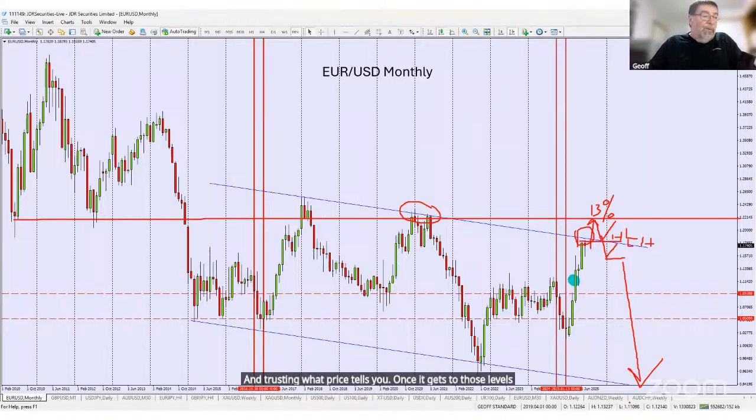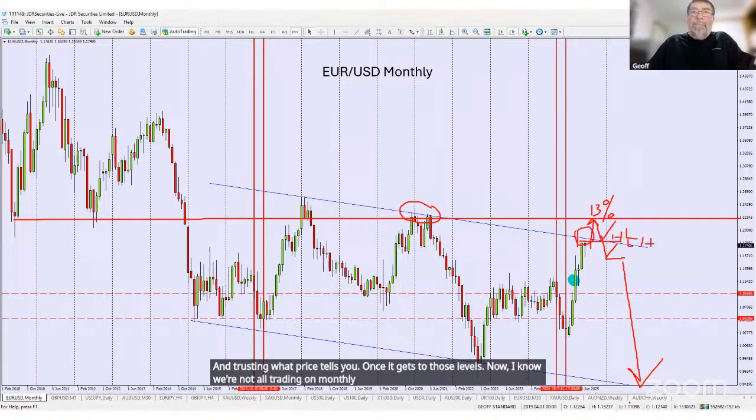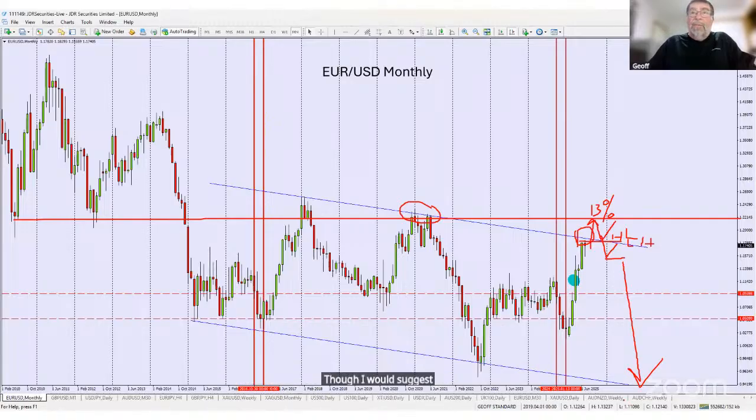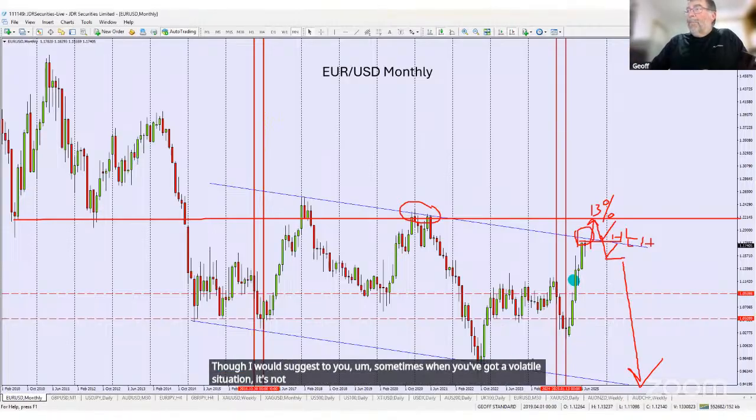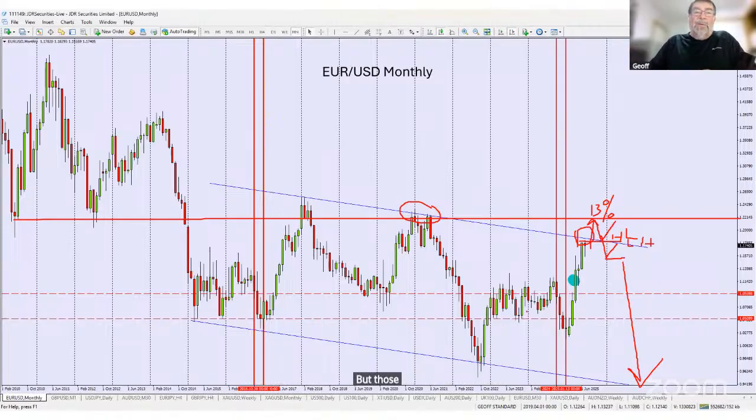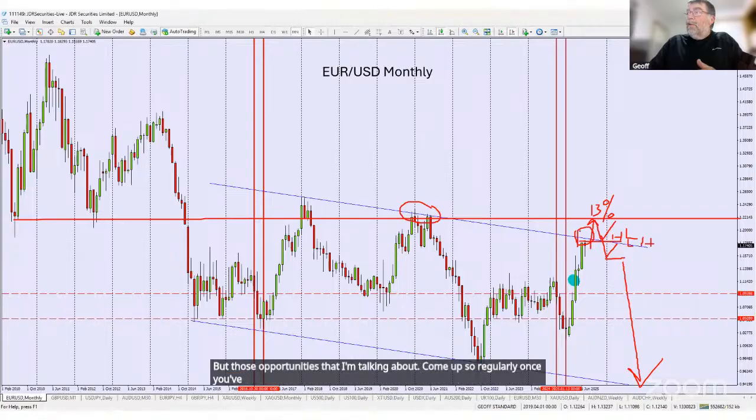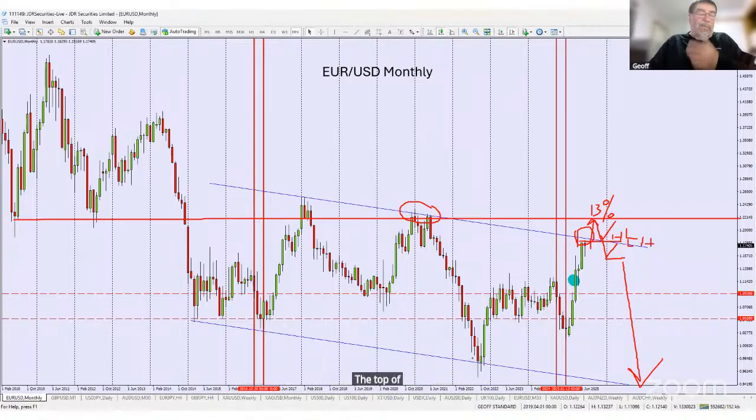Now, I know we're not all trading on monthly charts, though I would suggest to you sometimes when you've got a volatile situation, it's not such a bad idea. But these opportunities that I'm talking about come up so regularly once you've hit the top of a channel or the bottom of a channel, horizontal level, trend line, moving average, whatever the case may be.